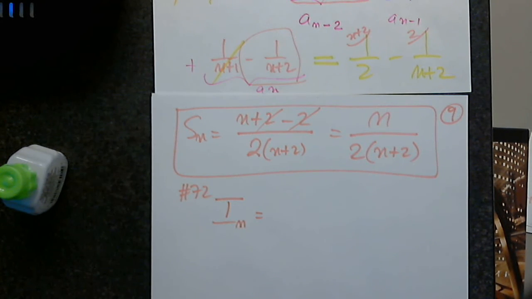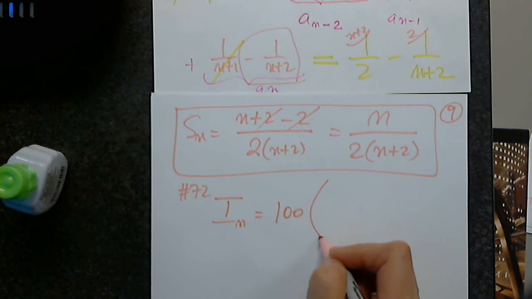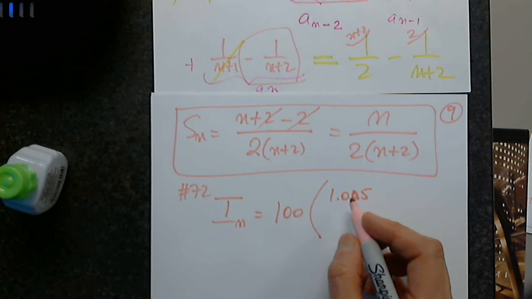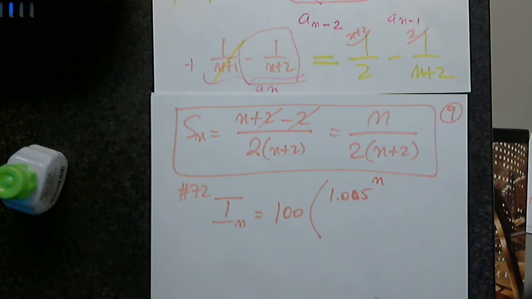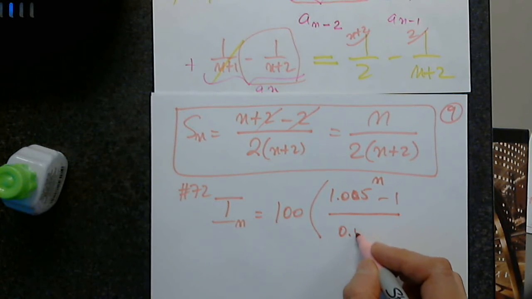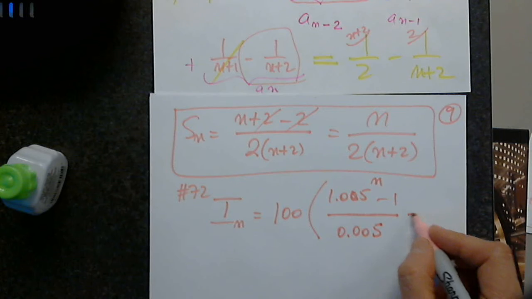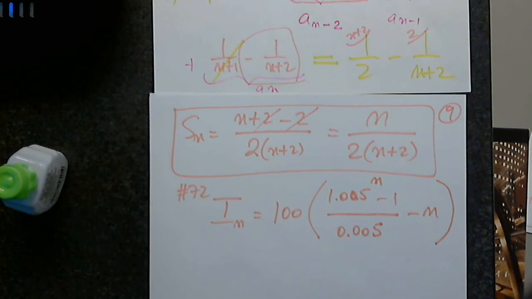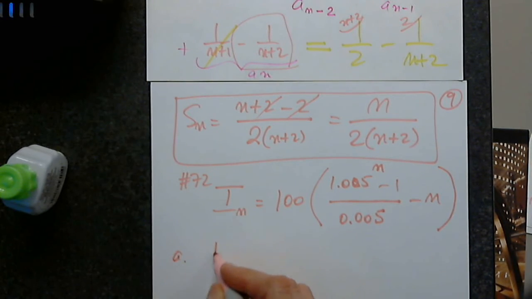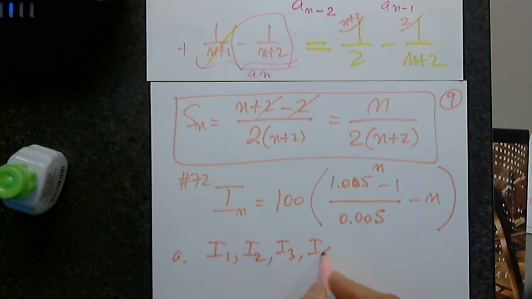This is like Sn, right? 100 multiplied by (1.005 to the nth power minus 1), everything divided by 0.005, minus n. So this is given to us. Find the first 6 terms of the sequence. So in part A, they want us to find I1, I2, I3, I4, I5, I6.